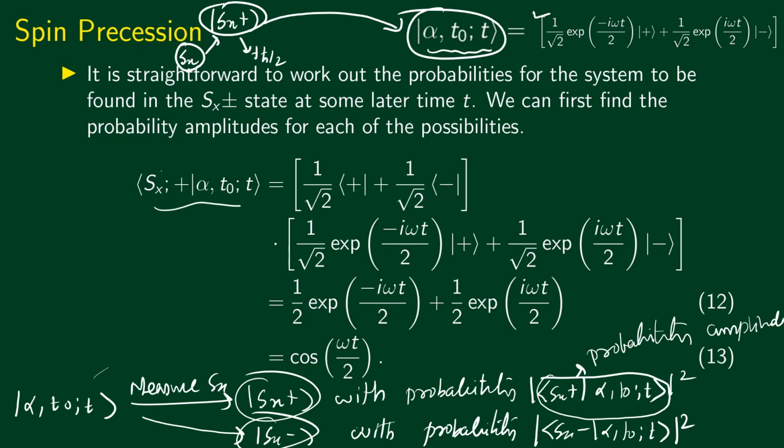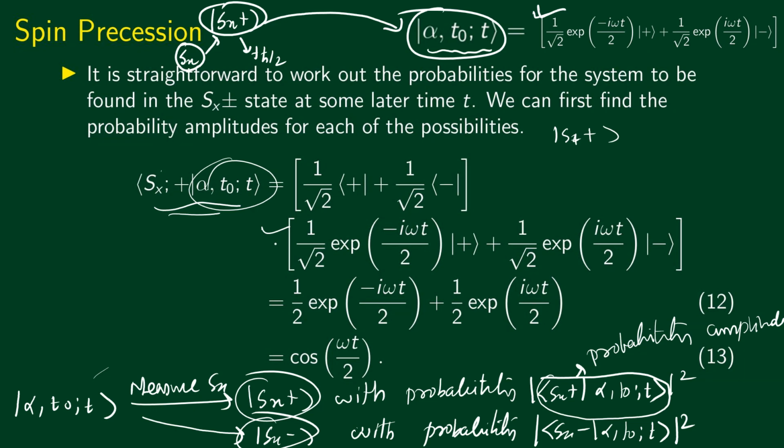So you just calculate this inner product. We can write ⟨Sx+| like this. You just use the earlier expression for |Sx+⟩ and find the corresponding bra. It is 1/√2 ⟨+| plus 1/√2 ⟨−|. Okay. And |α, t0; t⟩ is given by this expression here.